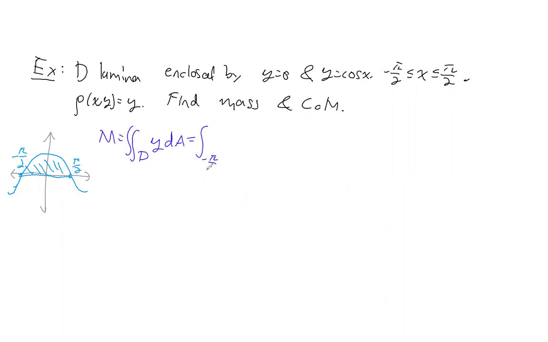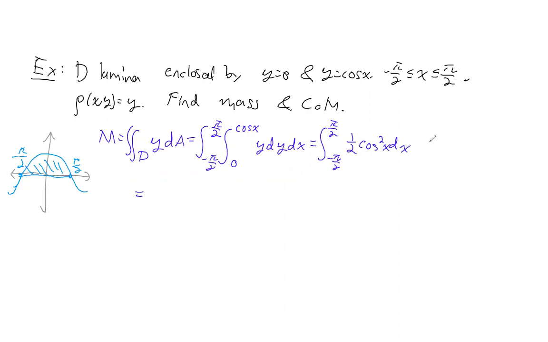x is going from negative pi over 2 to pi over 2. y is going from 0 to cosine of x. So the integral of y dy dx, from negative pi over 2 to pi over 2, gives 1/2 cosine squared x dx.